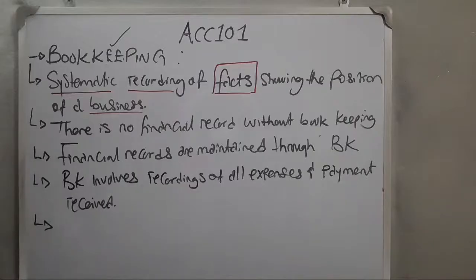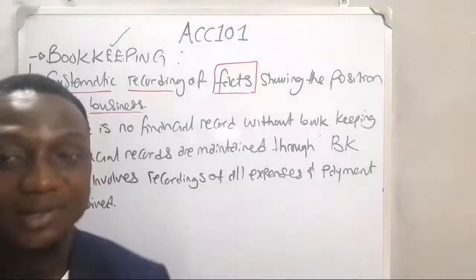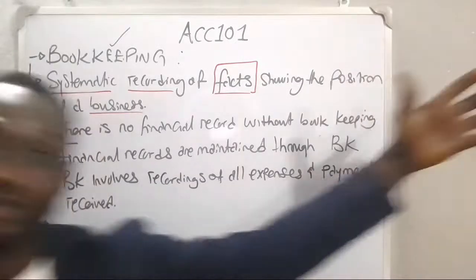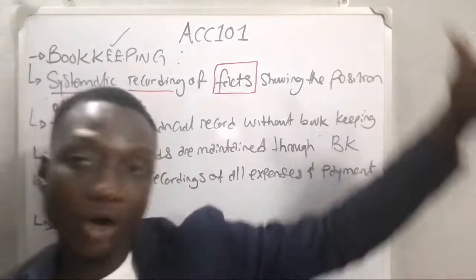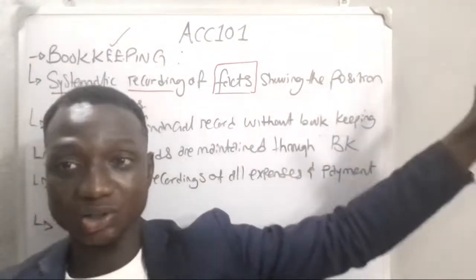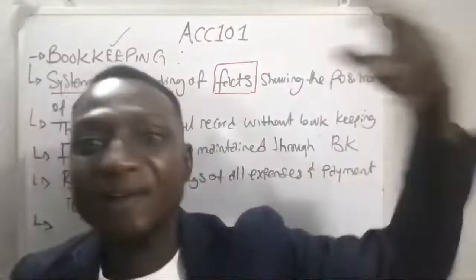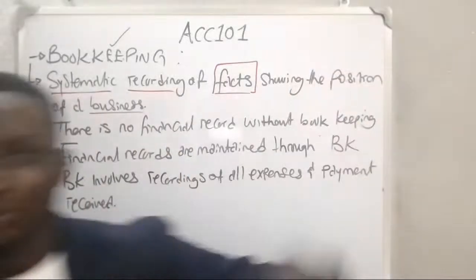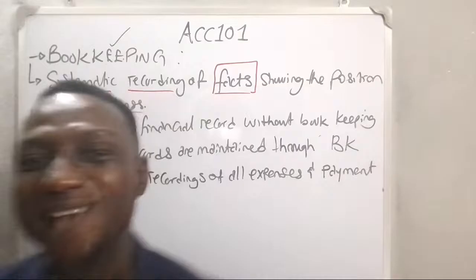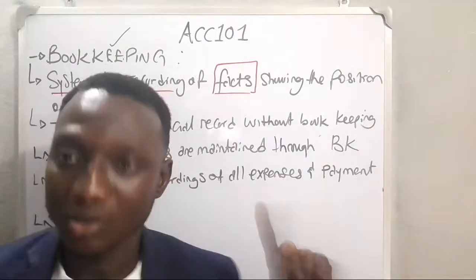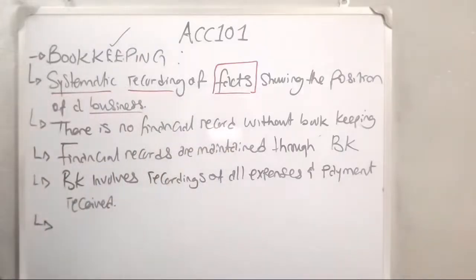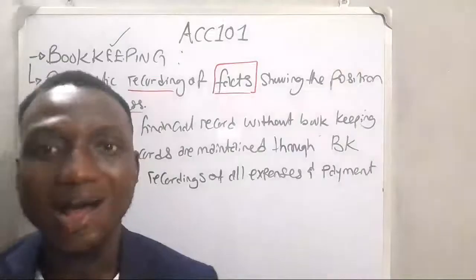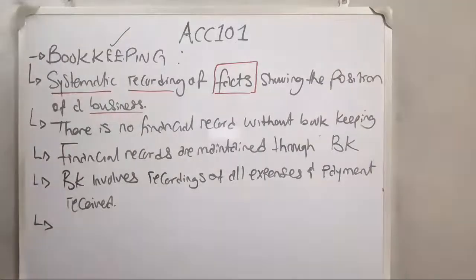Now, all business organizations, irrespective of size, from the man across the street with just a small shop, up to the level of a big organization that employs over 500 staff, both business entities observe bookkeeping, but it varies according to the size of the organization.